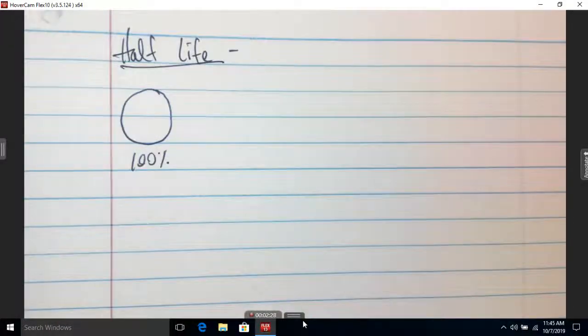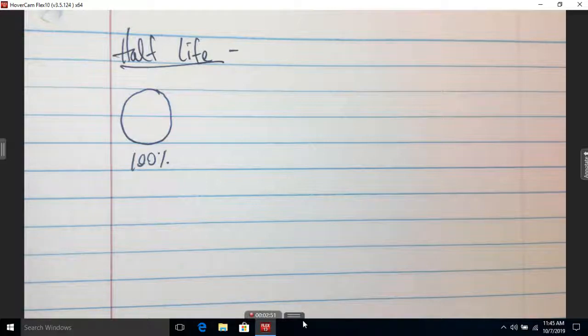So this has not decayed. This would be the start of our sample. Does that make sense? According to the definition, a half-life is how long it takes something to decay to half of its original.